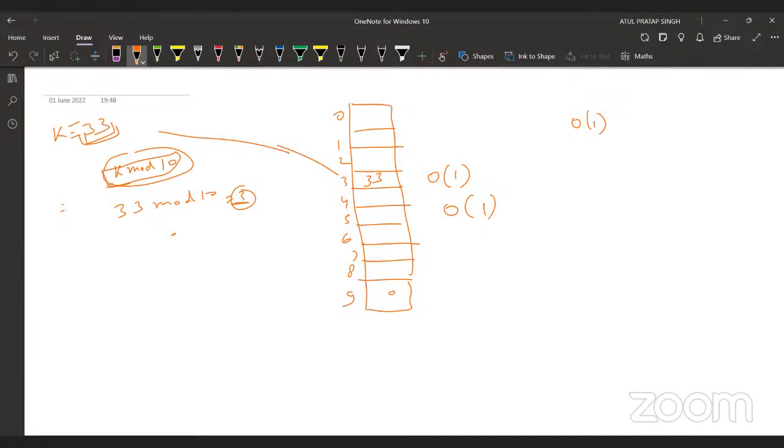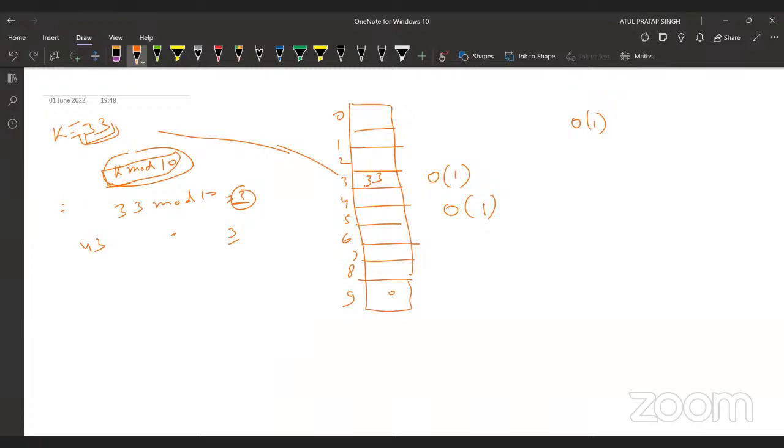But some cases happen in very few times. For example, if we are using linear probing, so what is the linear probing approach in hashing? If we want to insert 43 into our memory, what will this hash function return? 43 mod 10 is 3, but 3 is already used.